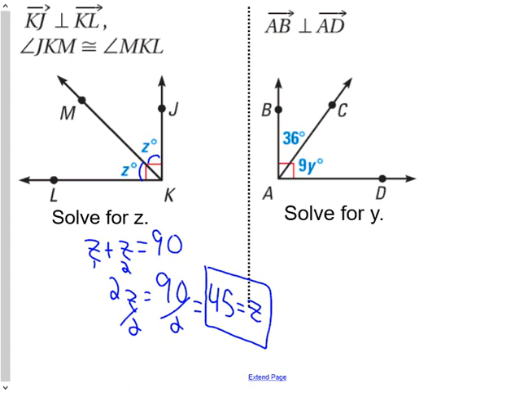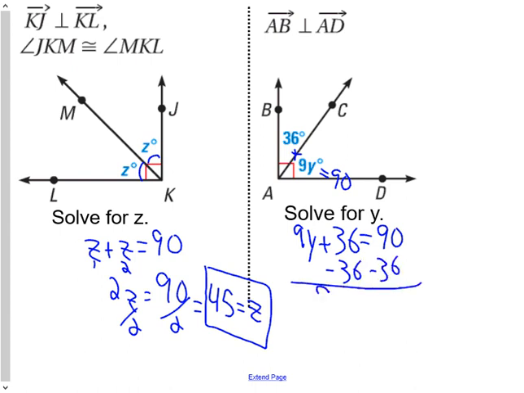One more, we've got 36 and 9y. Now, don't be tricked. These aren't equal, but they add to equal the right angle of 90. So 9y plus 36 is 90. We want to subtract 36 from both sides. So you get 9y equals 54.